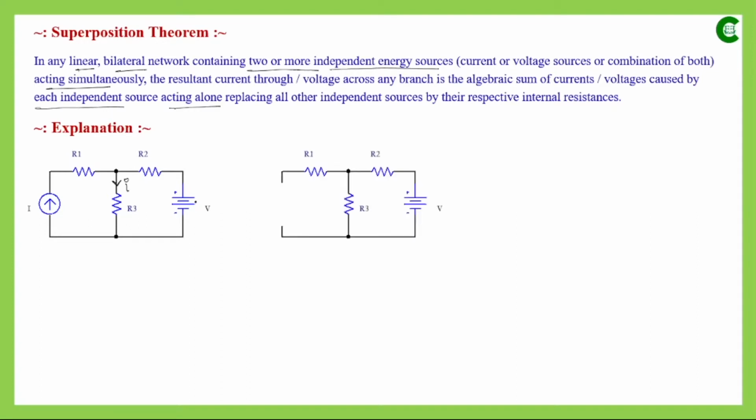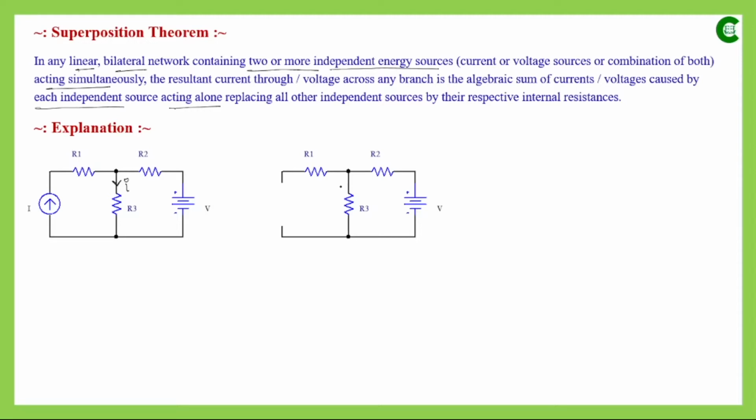Suppose in the first step we want to consider the voltage source, then we will deactivate the current source from that network. The rule of deactivation I will discuss later on. So first we will consider one independent energy source at a time, acting in that circuit alone, and we will deactivate all other independent energy sources.